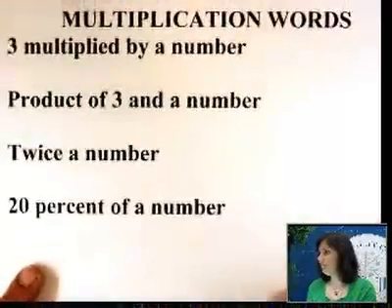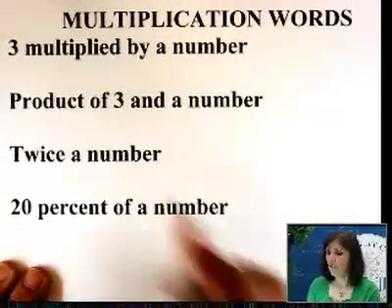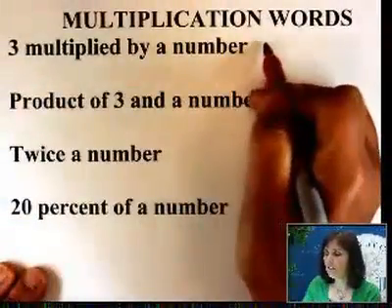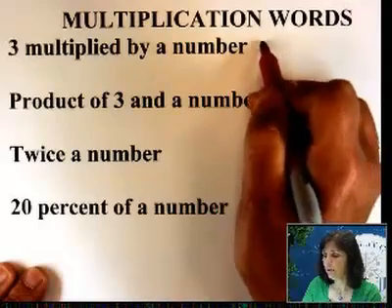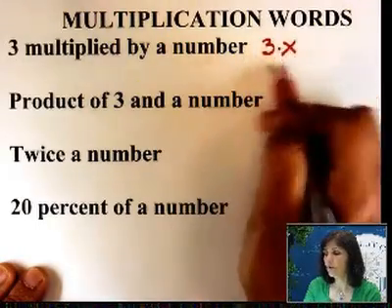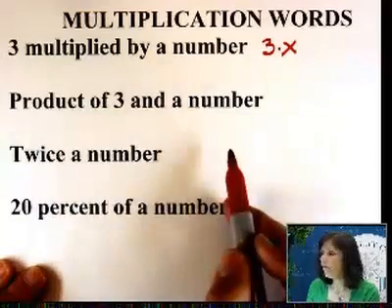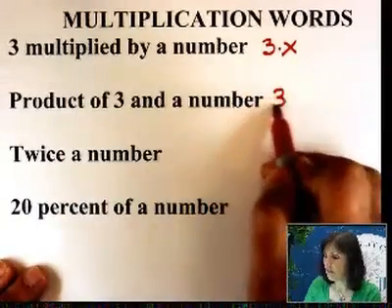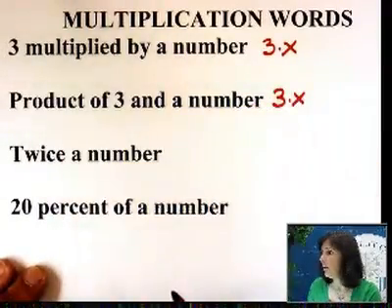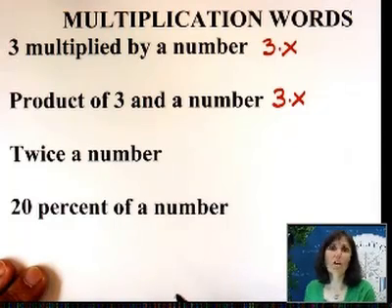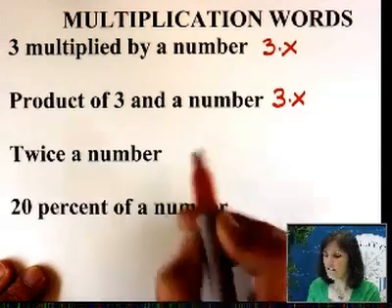Multiplication words. Okay. 3 is multiplied by a number. It's just simply 3 times x. X times 3, doesn't matter. Product of 3 and a number. Twice a number, triple a number, quadruple a number. What does that mean?